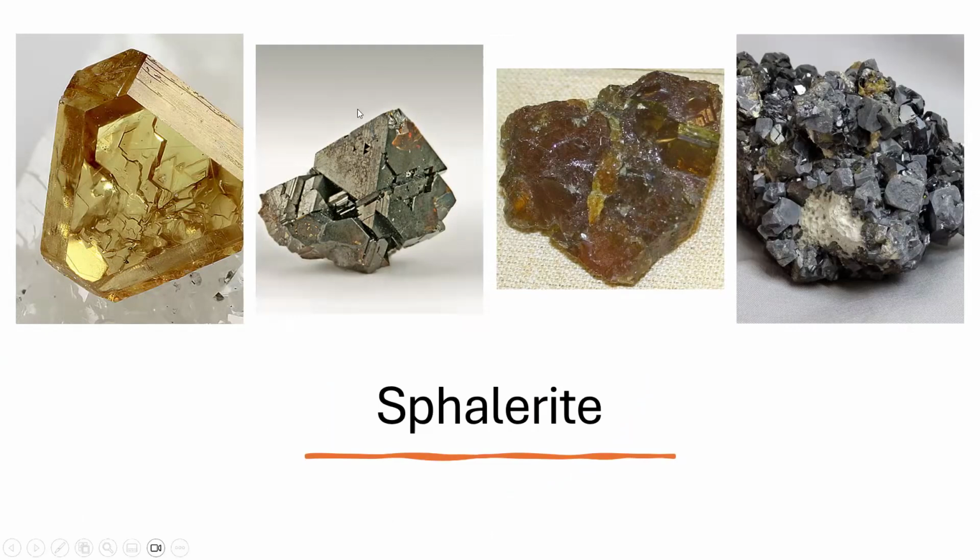Now it will show that this is the sphalerite. And you can see that it has the resinous luster, or it looks like an amber or dried honey. So basically that is that. This will help you identify them as sphalerite.